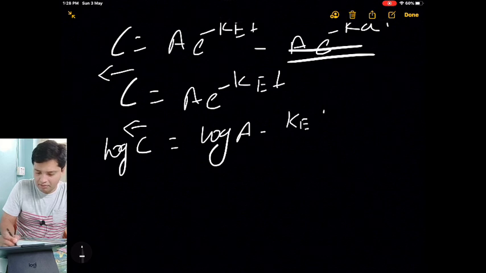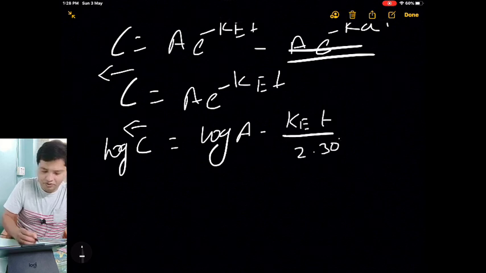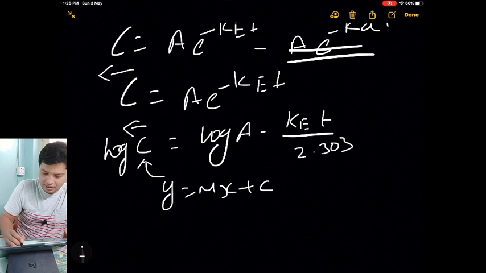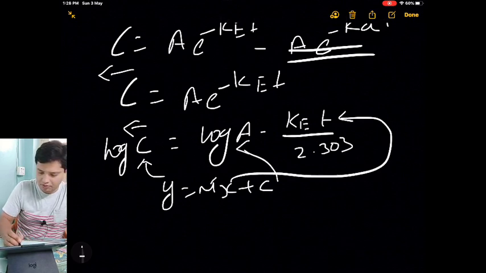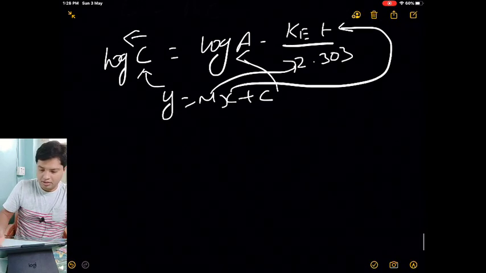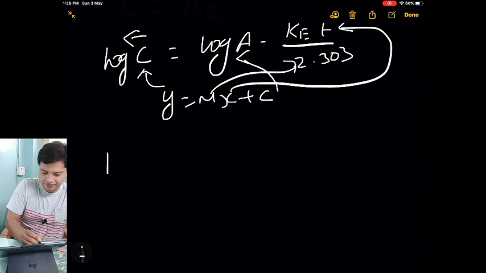Ke t by 2.303. So y is equal to mx plus c. This is the y axis, c will be this one, x axis will be this one, and the slope will be this one. Now I'll draw the graph for this.